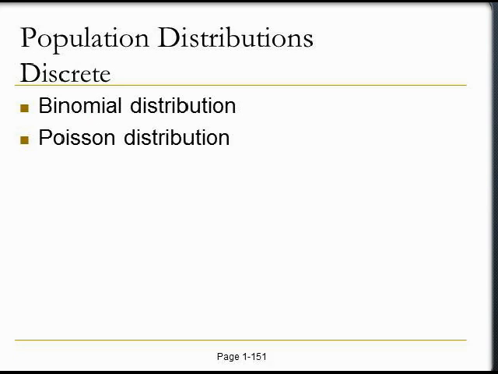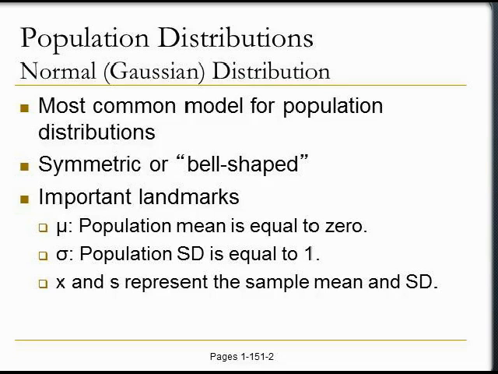The most common population distribution is a normal distribution, and I think it's the thing that most of you see in the literature. Most common model for population distributions. And anyone who took freshman chemistry, Chemistry 101, knows that the grading in those types of courses is frequently done on a bell-shaped curve, okay, where a certain percentage of people get Fs, a certain percentage of people get As.